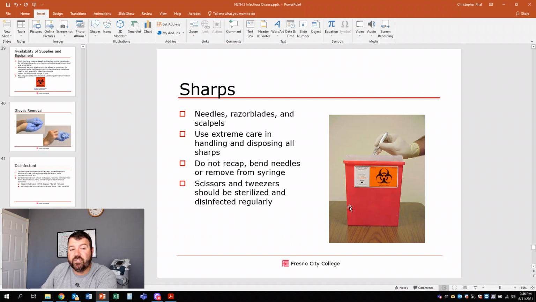Scissors or tweezers should be sterilized and disinfected regularly. I can't think of the device that sterilizes. A lot of medical facilities reuse their scissors, tweezers, and scalpel handles, for example.